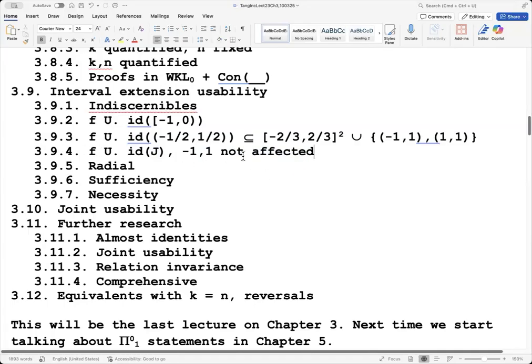So in order to do this, I need these two things to get this, because if it's not affected, you can assume up to isomorphism. It kind of looks like this. Then there's another case that I can do. So these are all sufficient.